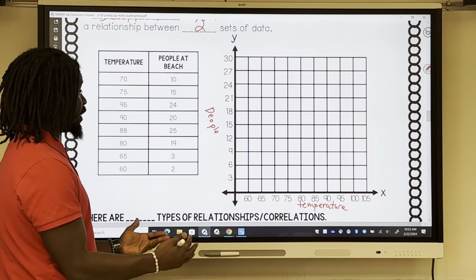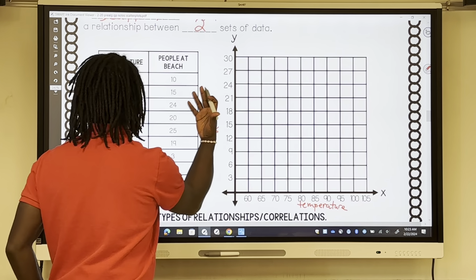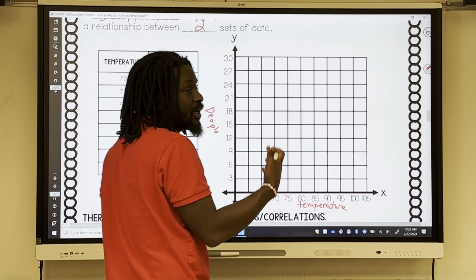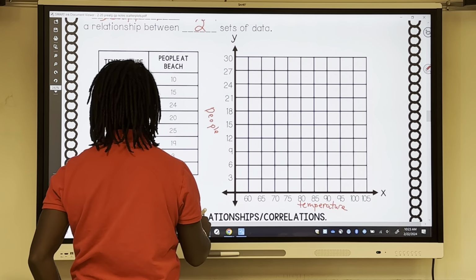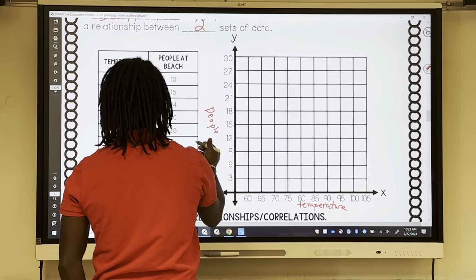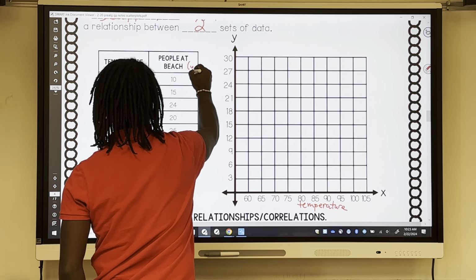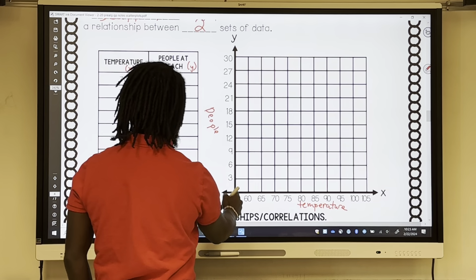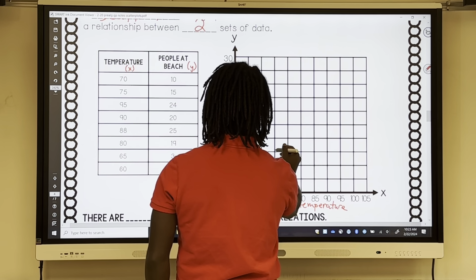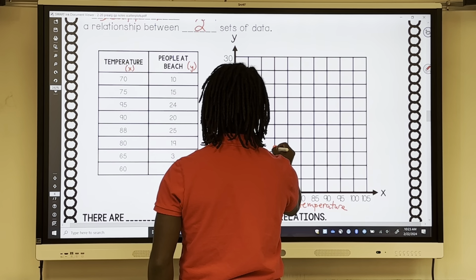Now, what we're gonna do is we're just gonna plot the points. All right, and that's step one of creating a scatter plot. We're going to take this data and actually put it on this graph. Okay, so in this case temperature is my x value, people at the beach is the y value. So we go 70, 10, over to 70, up to 10, it is going to be somewhere about there.